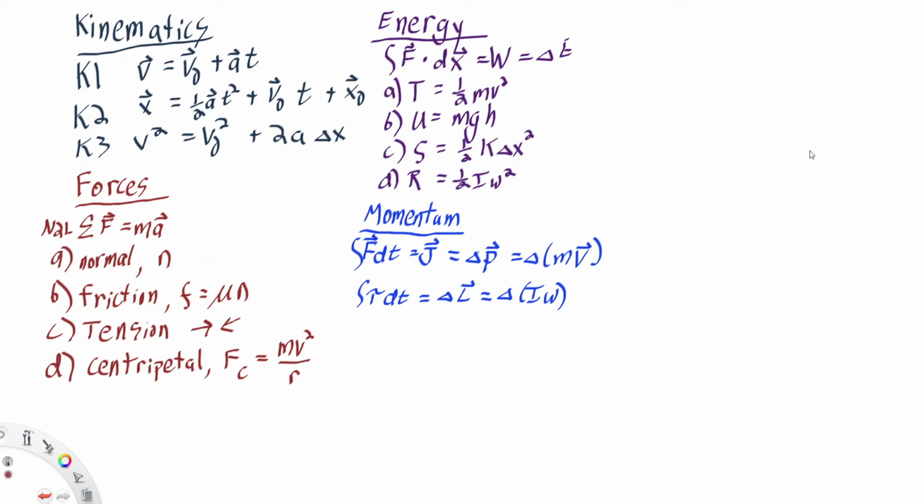Speaking of which, we did spend some time learning about rotation. The main thing in rotation is a change of coordinates. So an angular coordinate corresponds to a linear coordinate divided by the radius of the circle that we are rotating in.